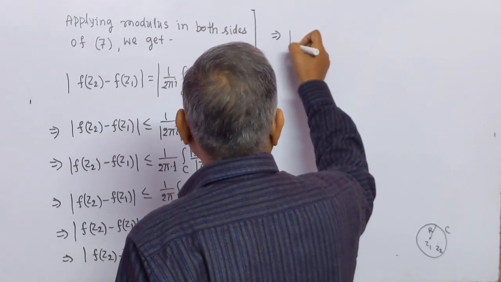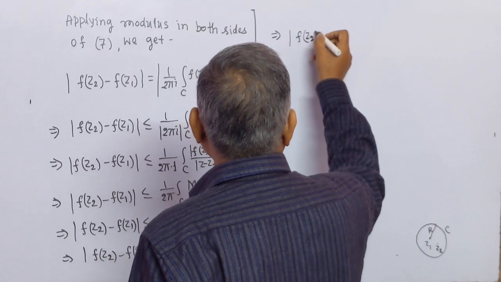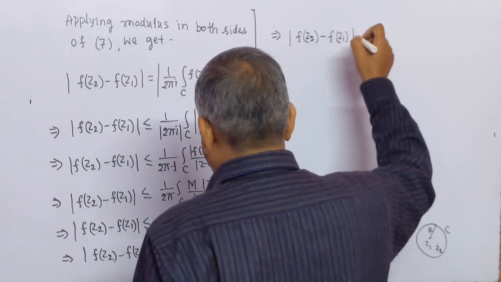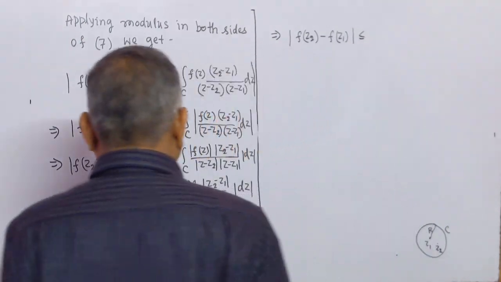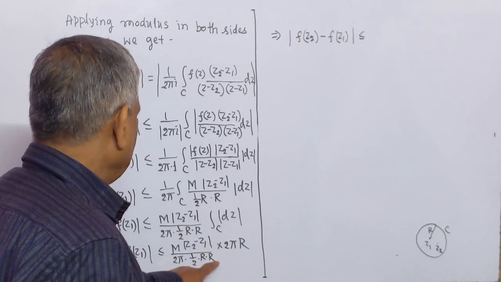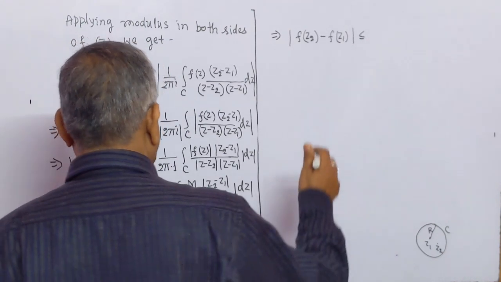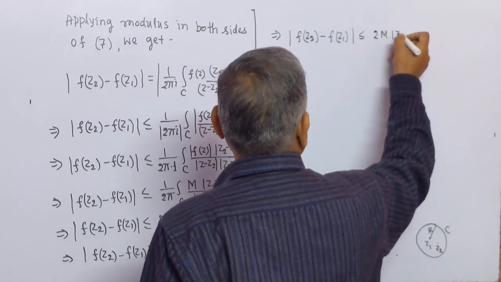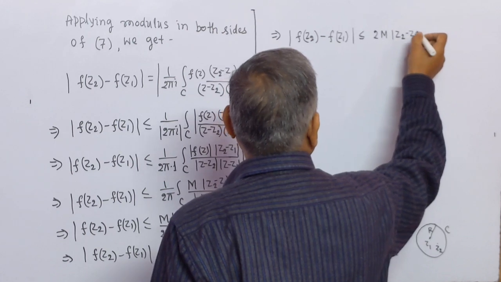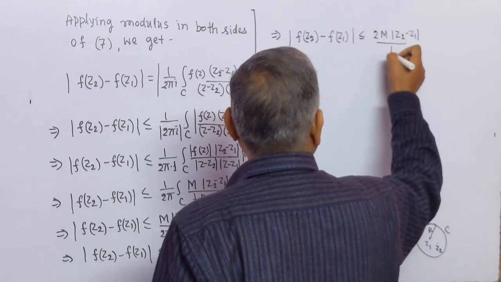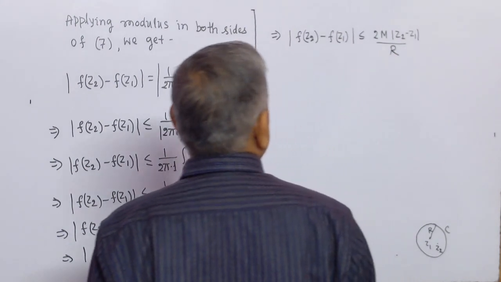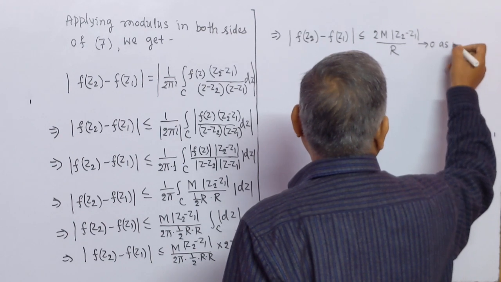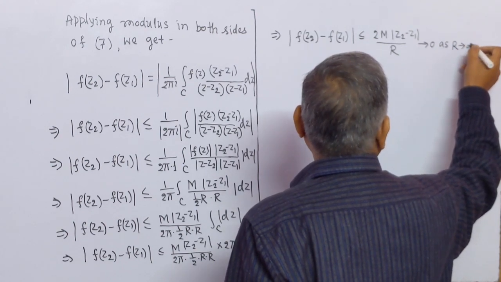This implies that modulus of f(z2) minus f(z1) is less than or equal to, here 2 pi cancels, r cancels, so we get 2M modulus of z2 minus z1 by r, and this tends to 0 as r tends to infinity.